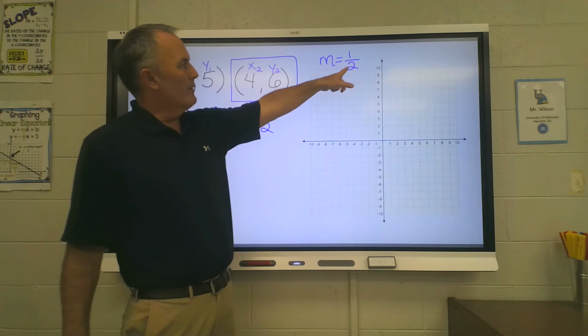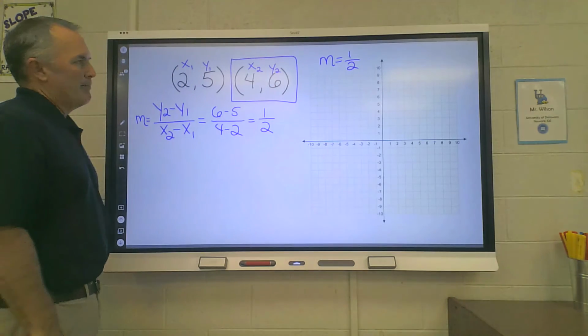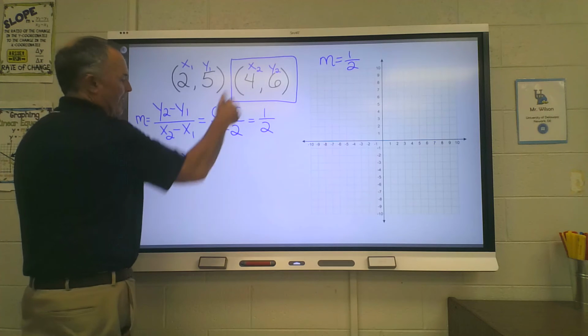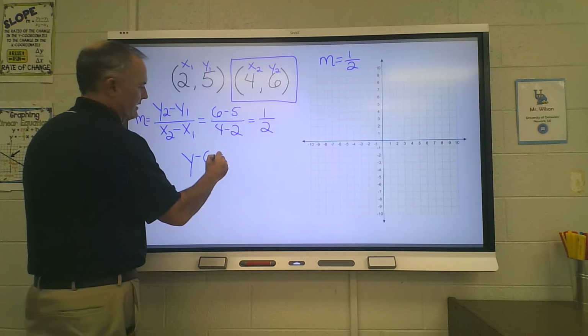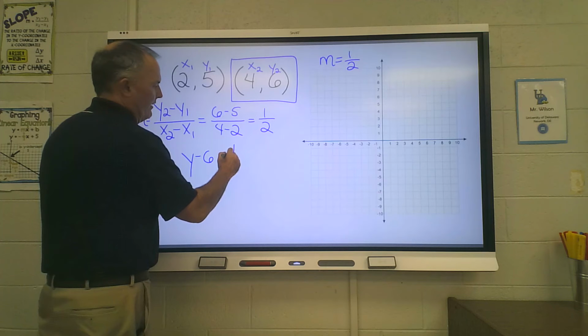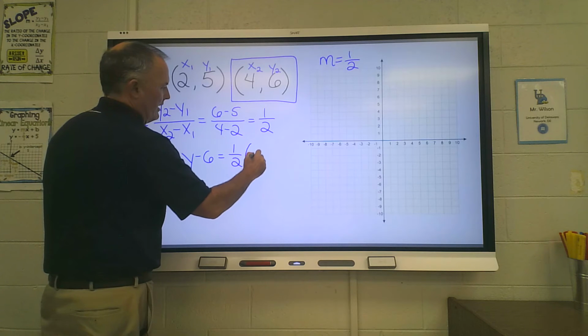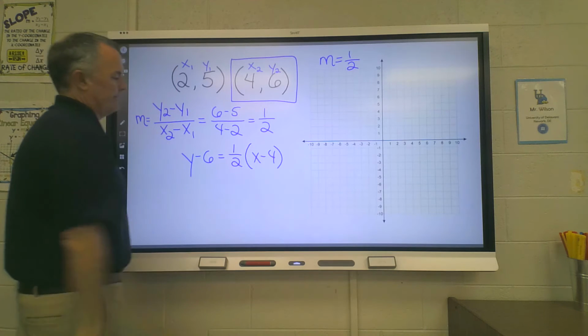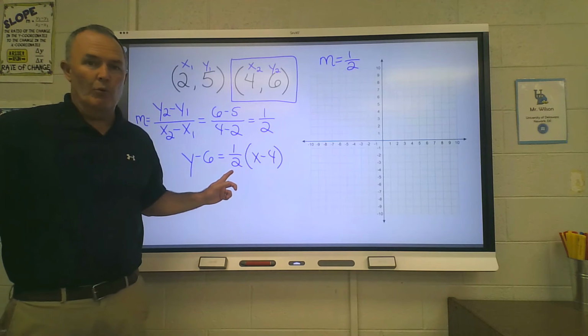So I'm going to plug my slope and my point into my equation. So it's going to be y minus 6 equals 1/2 times (x minus 4). Now it's in point-slope form.